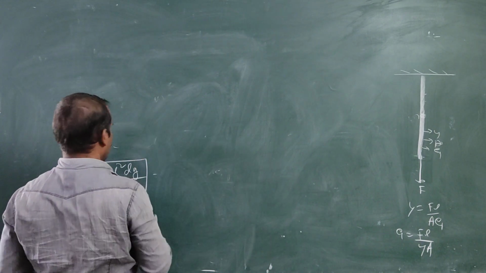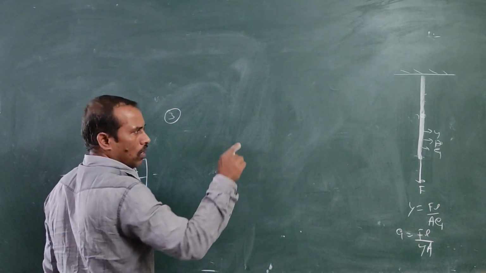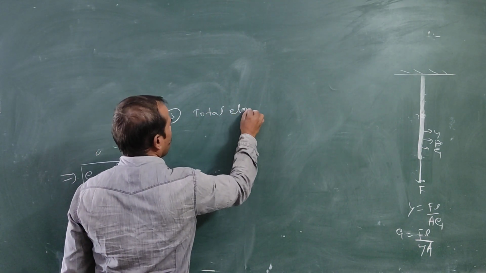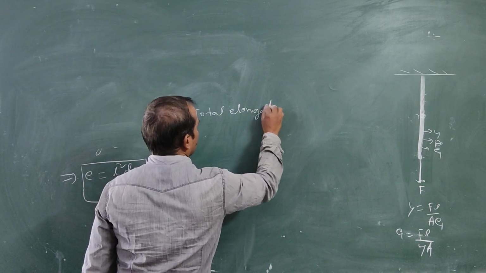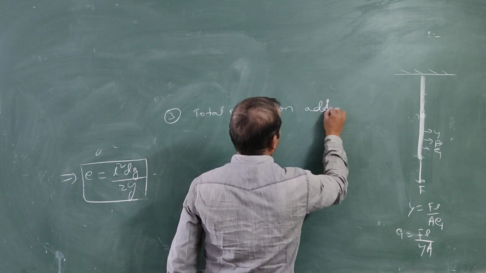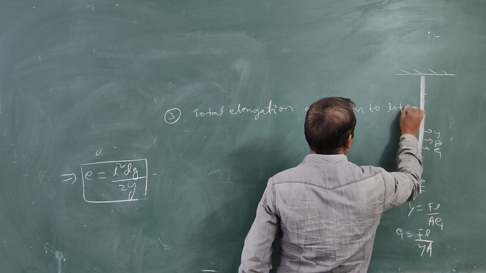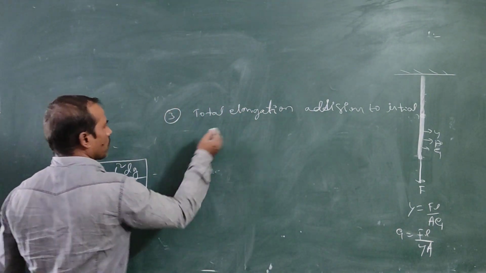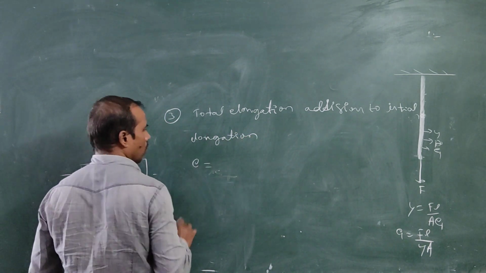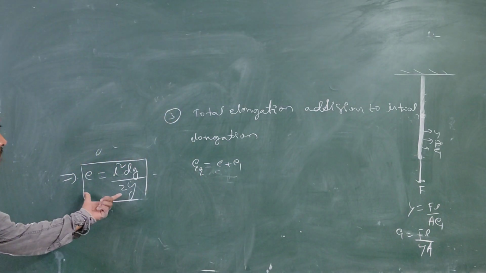So the total elongation. Now, case 2: the force is applied to the end of the wire, and the total elongation is the addition to the initial elongation. So the total elongation is E plus E prime, where E means this one and E prime means this one.